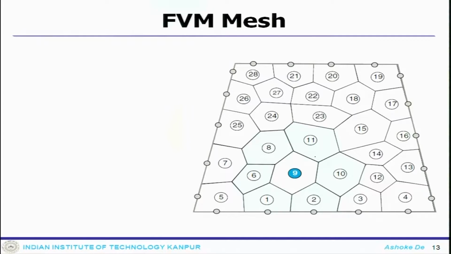Now, if you move to the unstructured system, this is again a purely 2-dimensional unstructured grid. Why is it unstructured? Because the elements are not nicely ordered as we have seen for the structured cases.